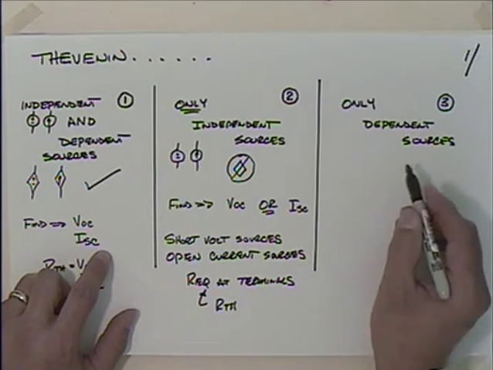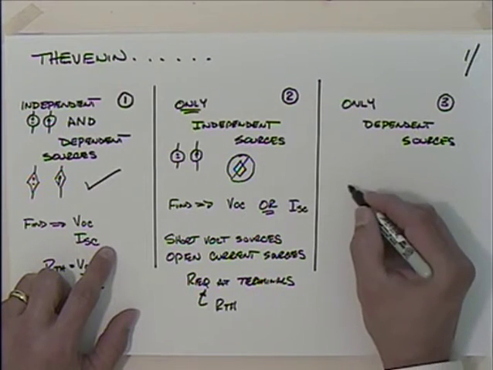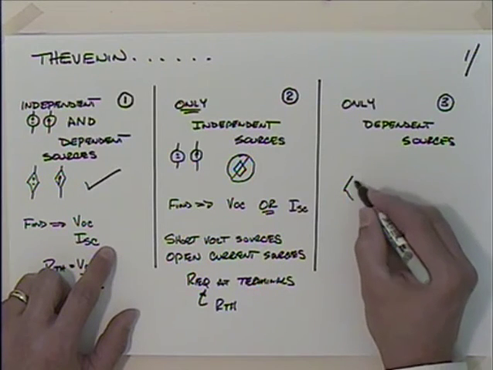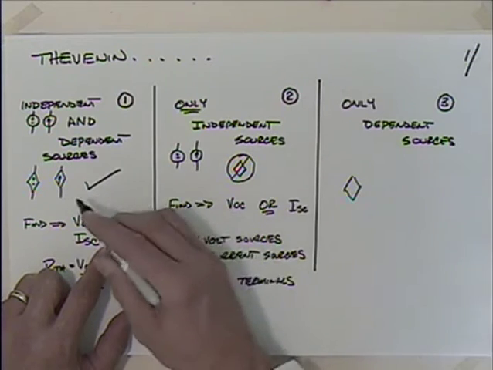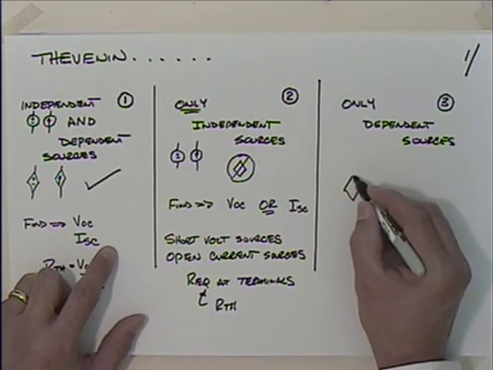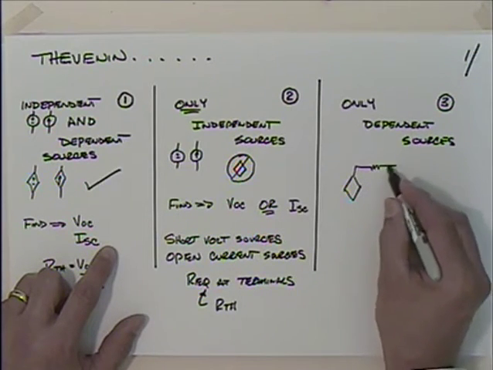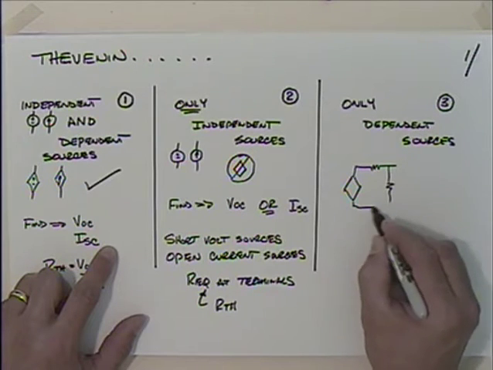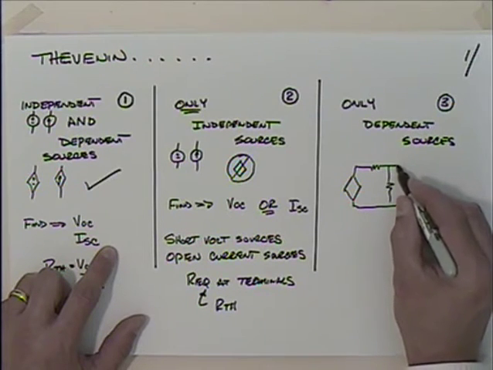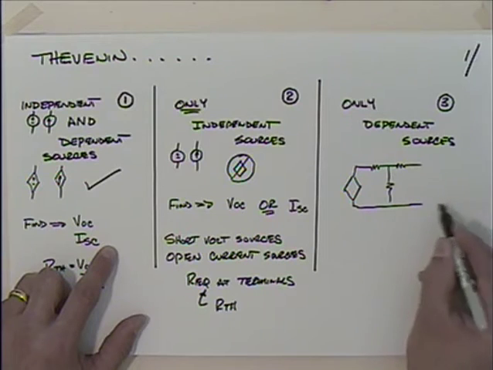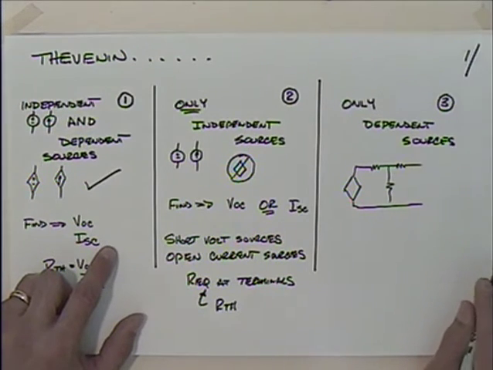But what if you have a circuit that has only dependent sources? So maybe it's a circuit that looks like this. It has a diamond. I don't know whether it's a voltage or a current source, and you've got a resistor here and a resistor here, maybe a resistor. What are you going to do?